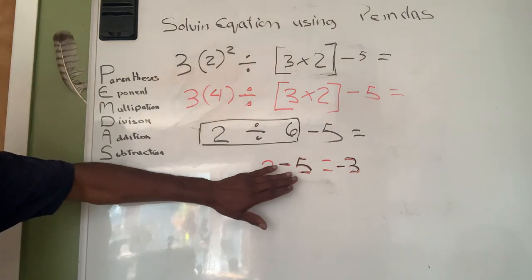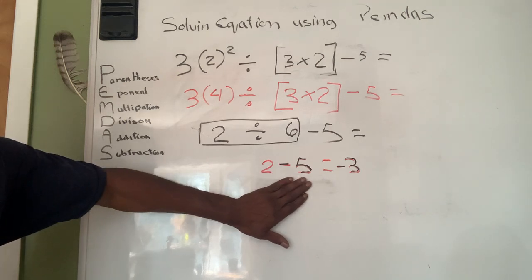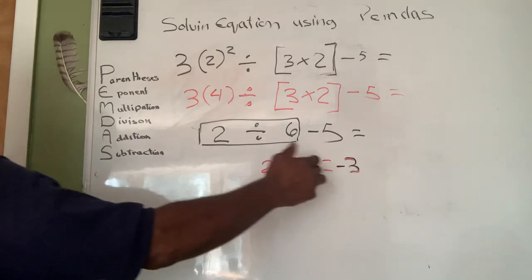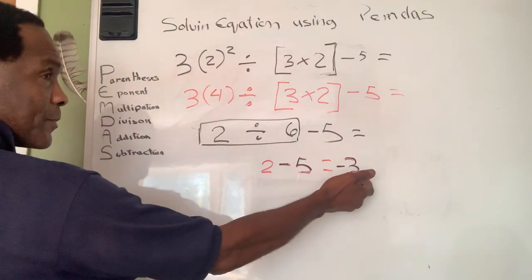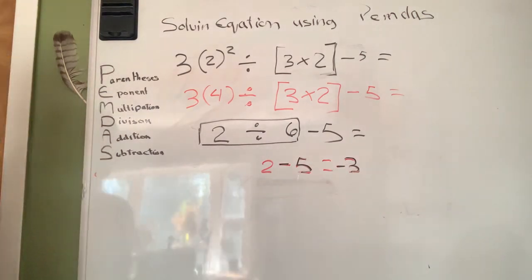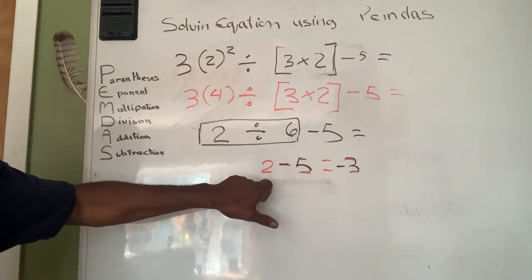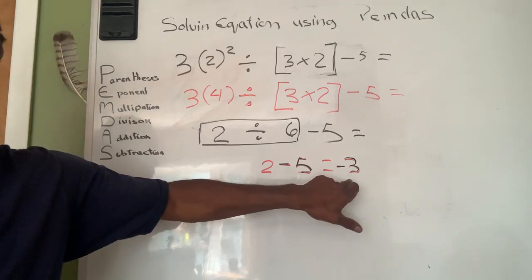Now, how do you explain this in a sense? Let's say you owe me $5 and you give me $2. How much would you owe me? You owe me $3.